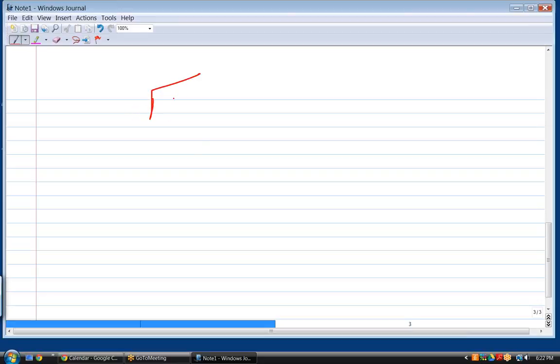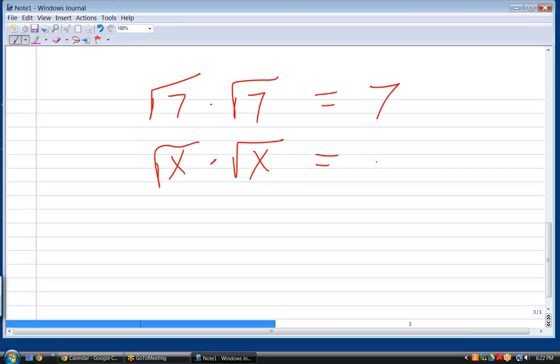What is the square root of 7 times the square root of 7? 7. Just like the square root of x times the square root of x is x. Notice that I could have done a couple of things here.